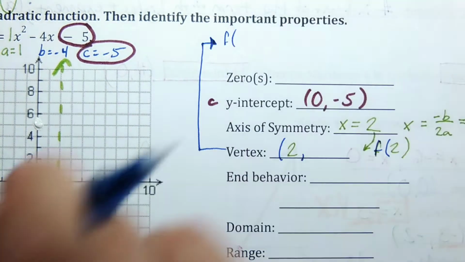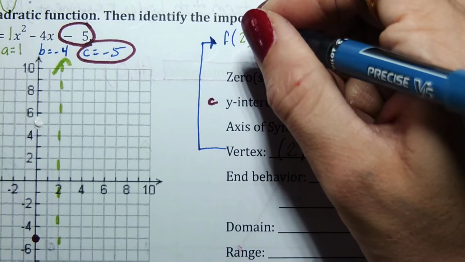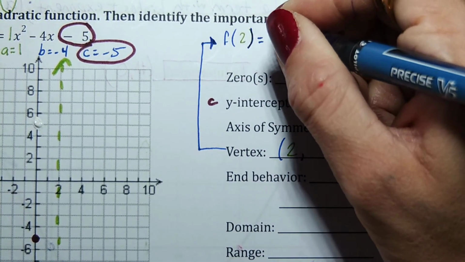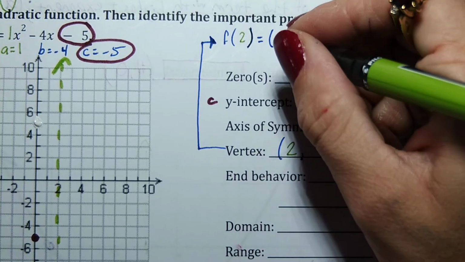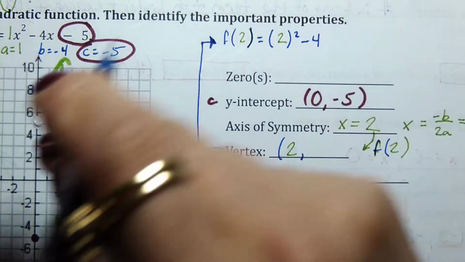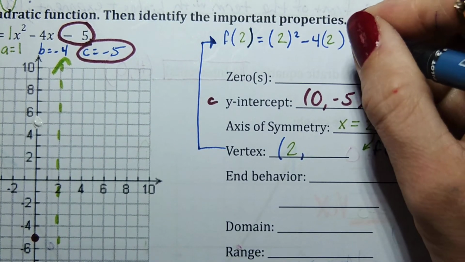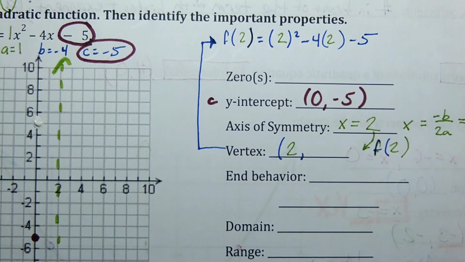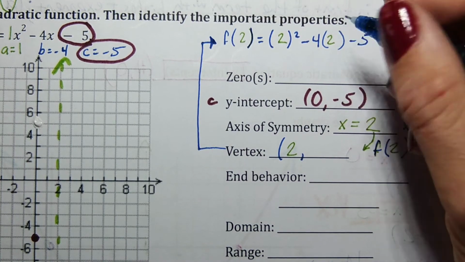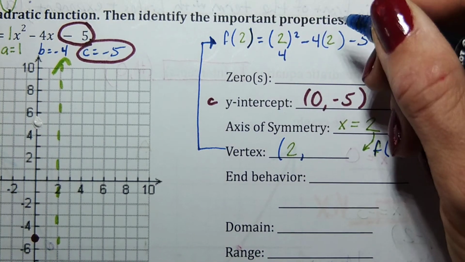So f of 2 is equal to 2 squared minus 4 times 2 minus 5. And we can use our calculator, but for this one, since there's no a value, it might be easier just to do it by hand. 2 times 2 is 4.